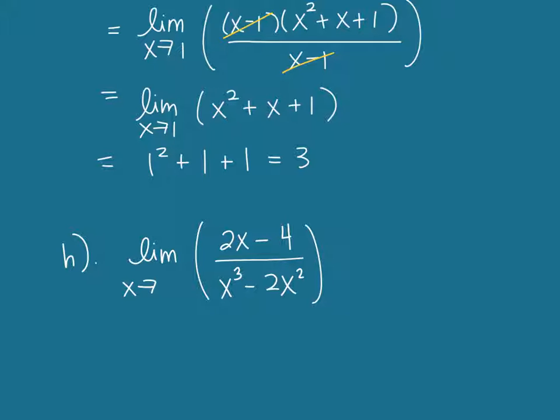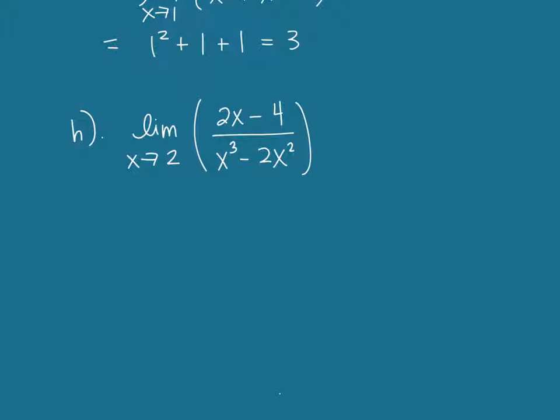What are the problem numbers for this particular function? What would be no bueno? 0 would be no good, because if I plug 0 in, I would get 0 in the denominator. What else would be no good? 2 would also be no good. So the limits are always going to approach one of those numbers that are no good. All right, let's see what we can do. Let's do 2.